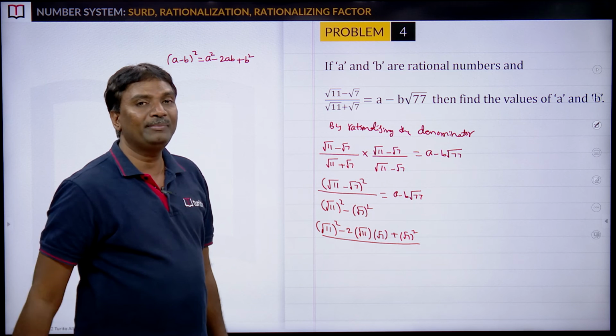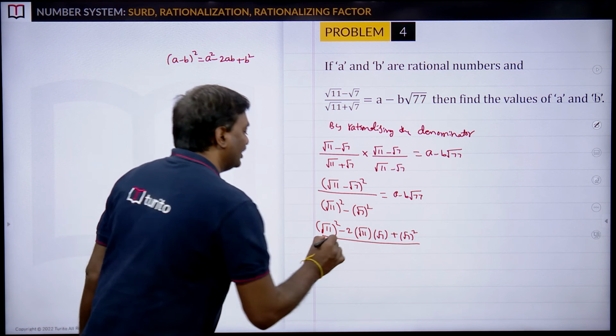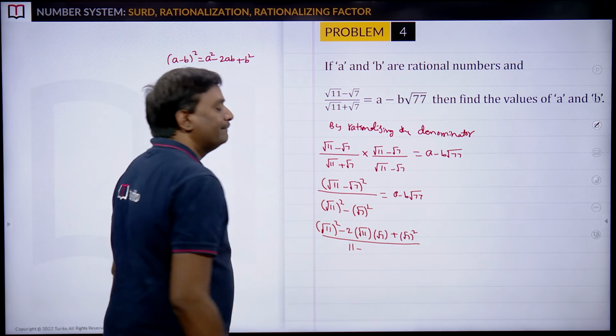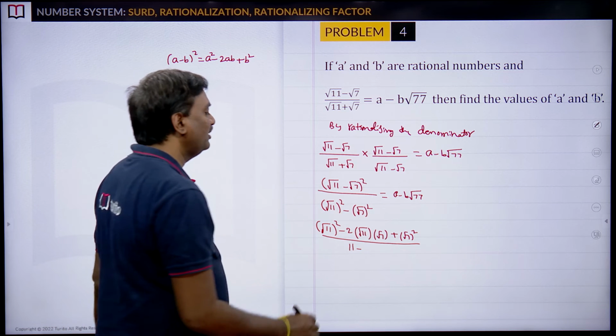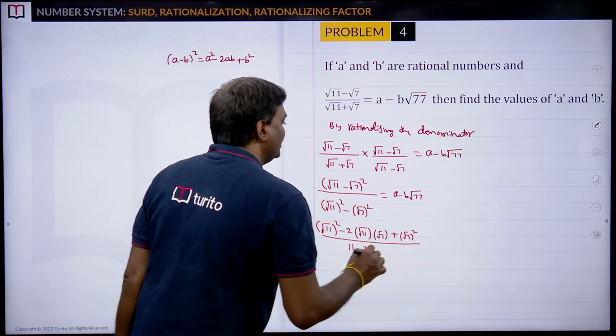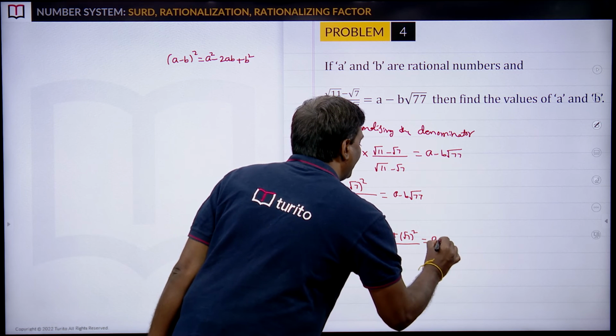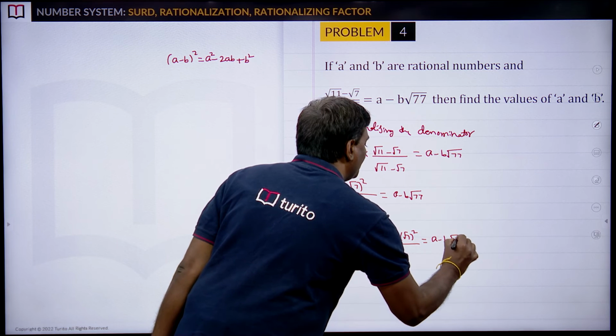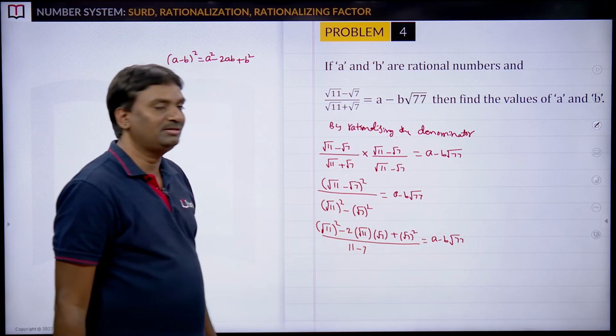Root 11 whole square means root 11 into root 11, 11, minus root 7 whole square, root 7 into root 7, 7, equals a minus b into root 77.